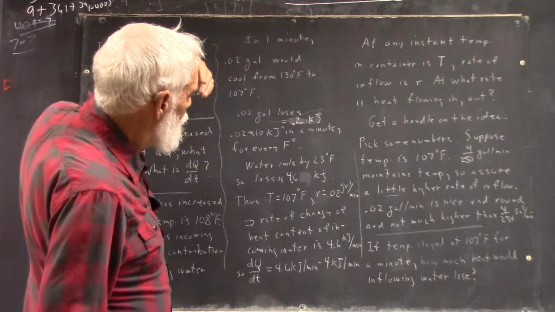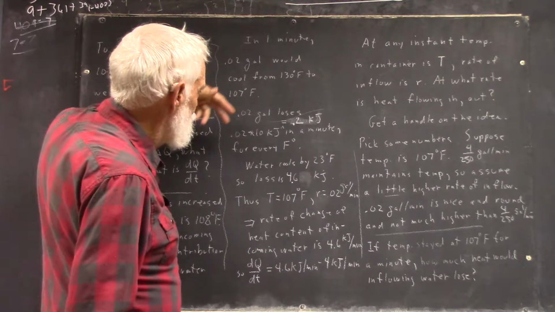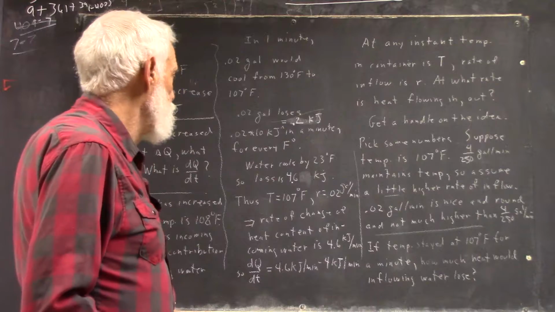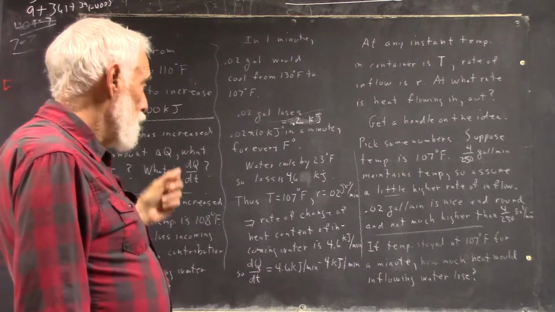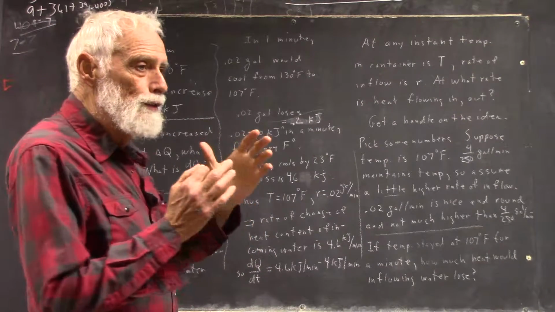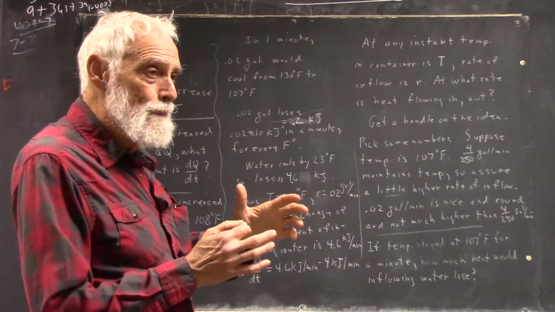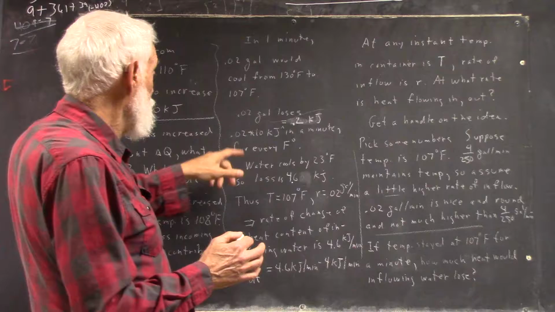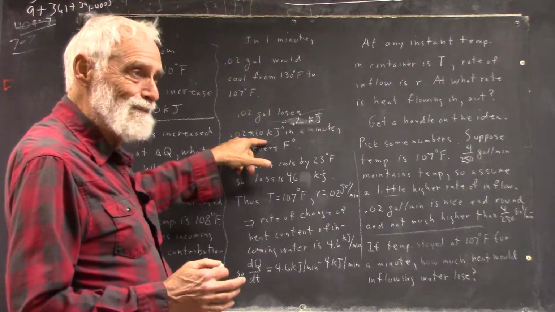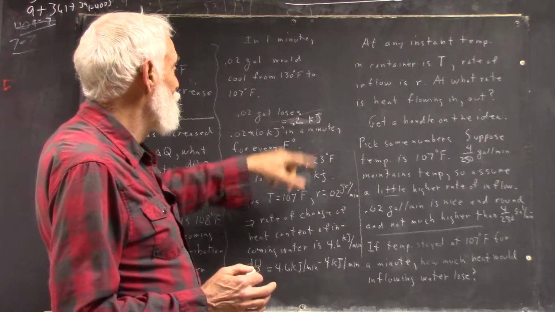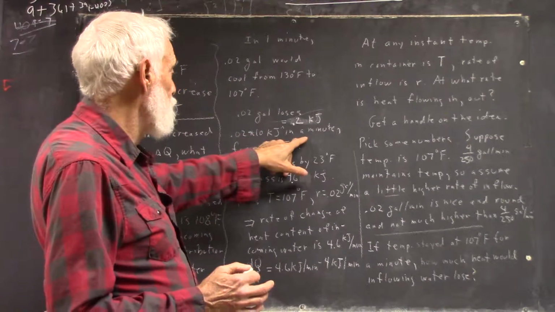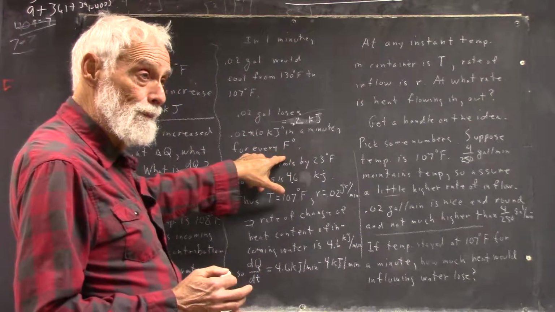I didn't do all the stuff with the units here, but it should be intuitively clear that if 1 gallon loses 10 kilojoules for a degree, 0.02 gallons loses 0.02 times 10 kilojoules per degree. So this much, 0.2 kilojoules in a minute for every Fahrenheit.